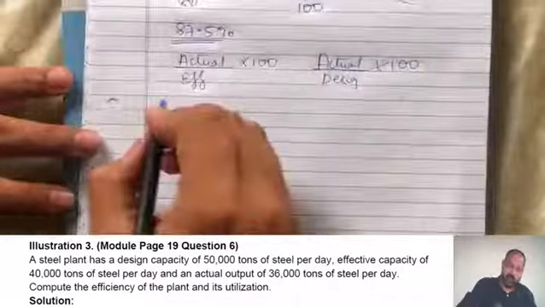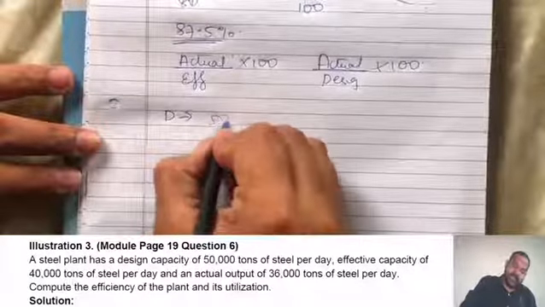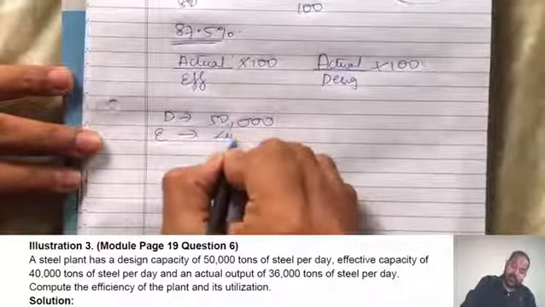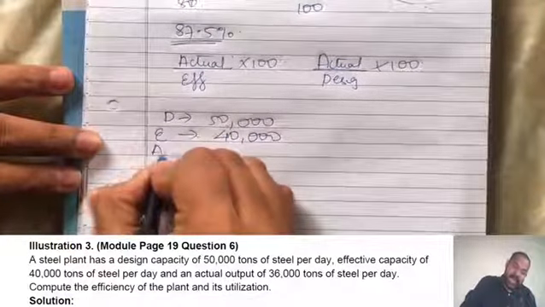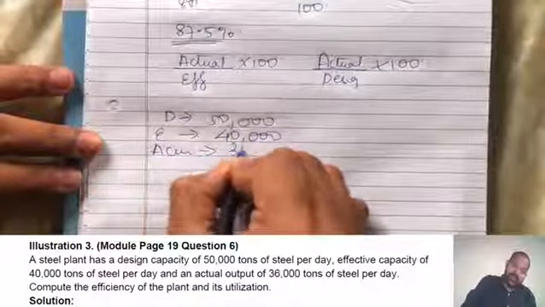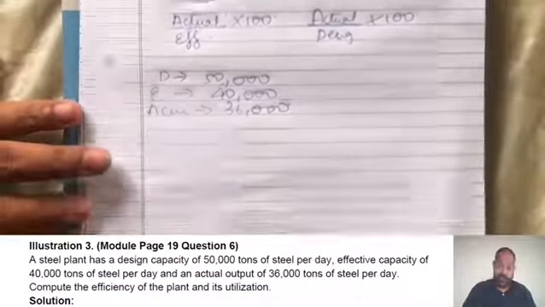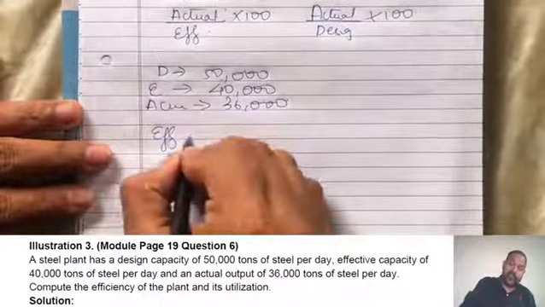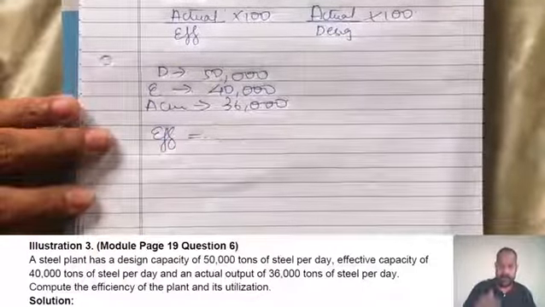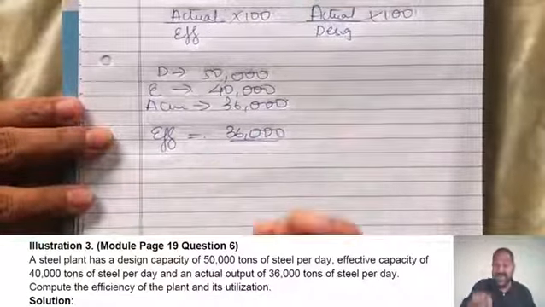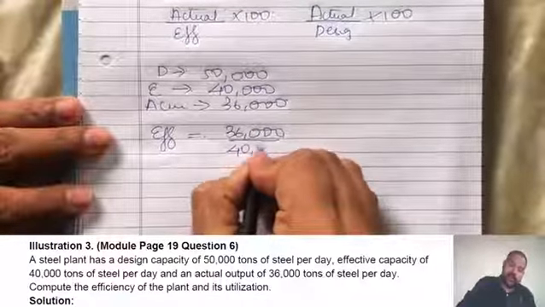Let's come back to the question. The design capacity is 50,000 units. The effective capacity is 40,000 units, and the actual is 36,000 units. Well, if you ask me how efficient am I in running the plant, well, I am getting 36,000 where I should at least get 40,000.